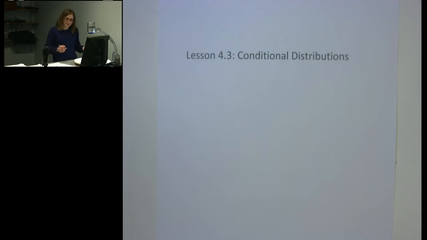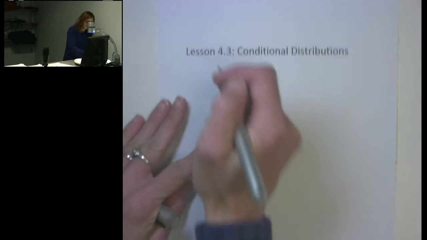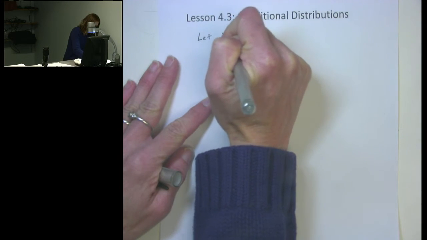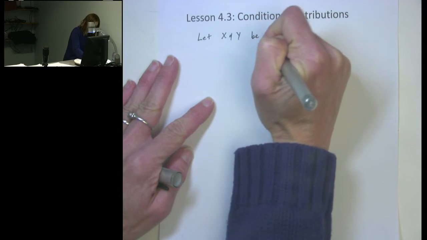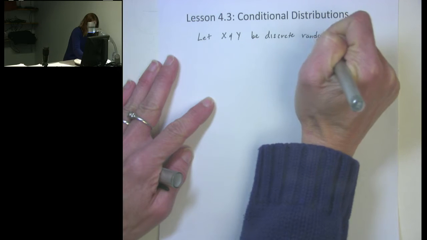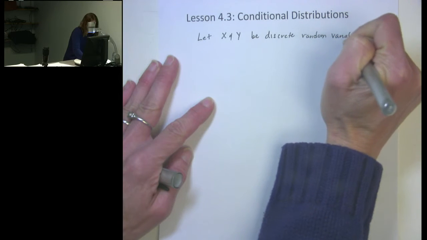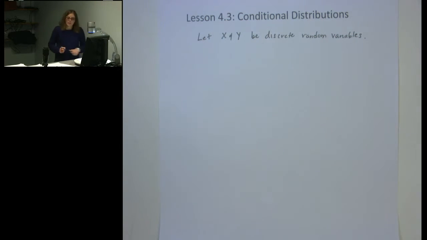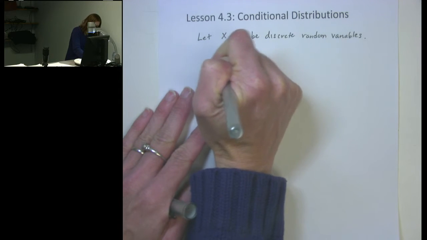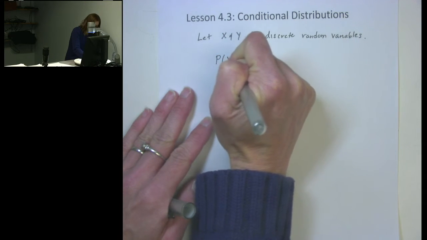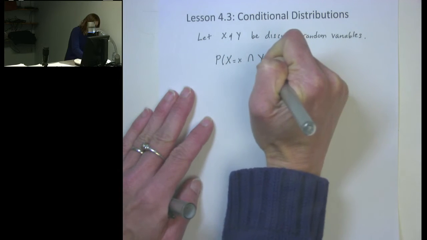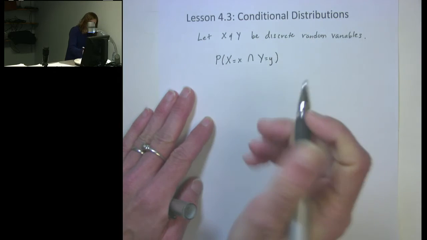If we let x and y be discrete random variables, we have seen that we can talk about the probability that x takes on a specific value little x and y takes on a particular value little y.